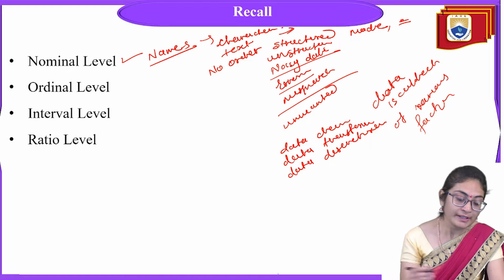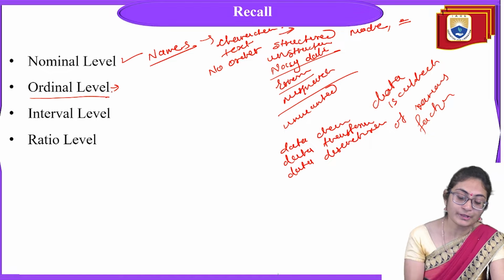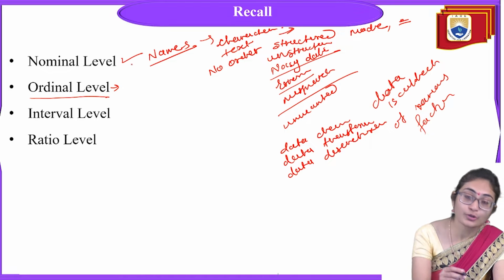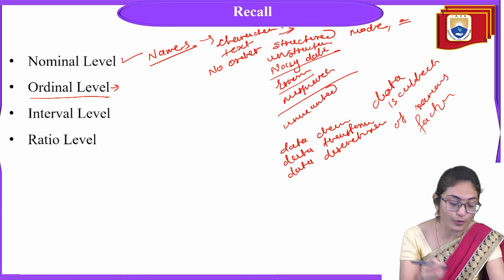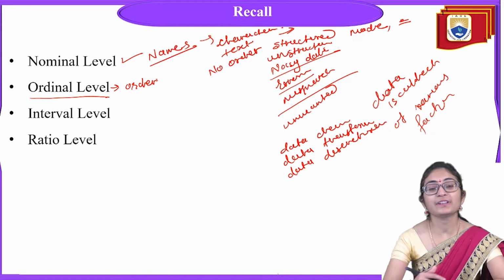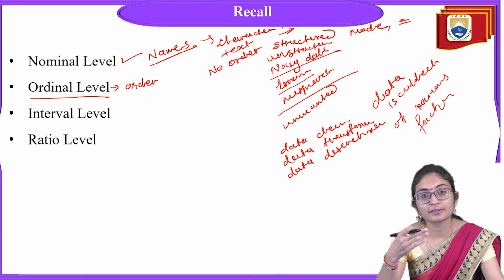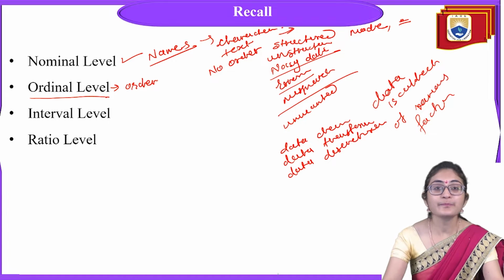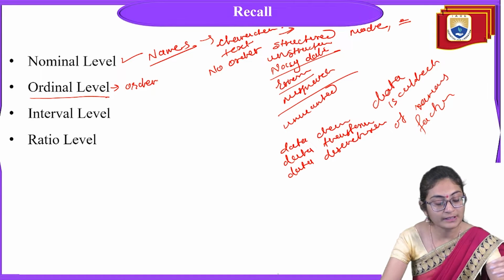In ordinal level, it can show the names, it can show the characters, but that data should be in order. For example, top Olympic medalists: we have to keep them in order.